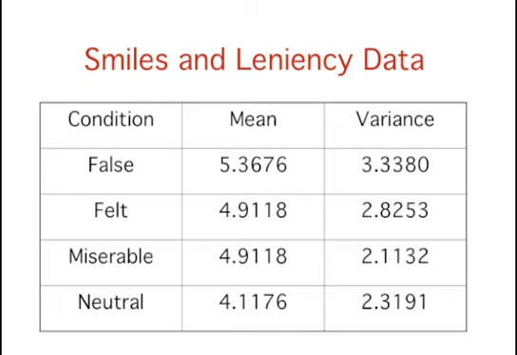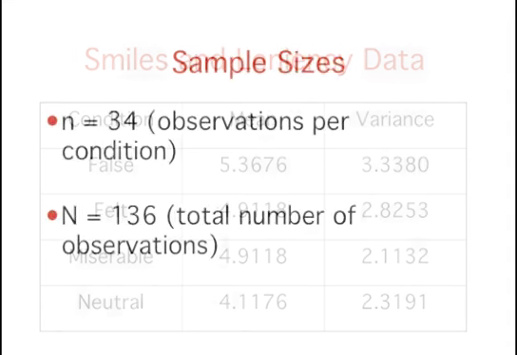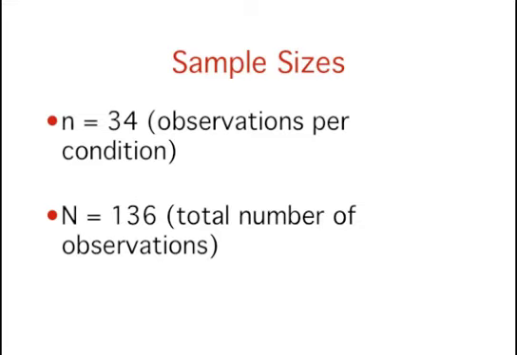The means and variances of the 4 groups in the smiles and leniency case study are shown in this table. Remember that there are 34 subjects in each of the 4 conditions: false, felt, miserable, and neutral. We will now use the data in this table to describe some ANOVA calculations. The first calculations in this section all assume that there is an equal number of observations in each group.